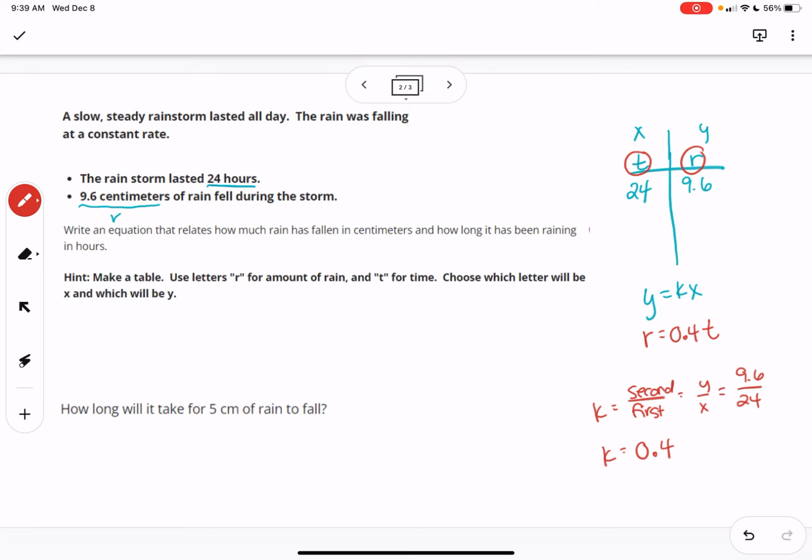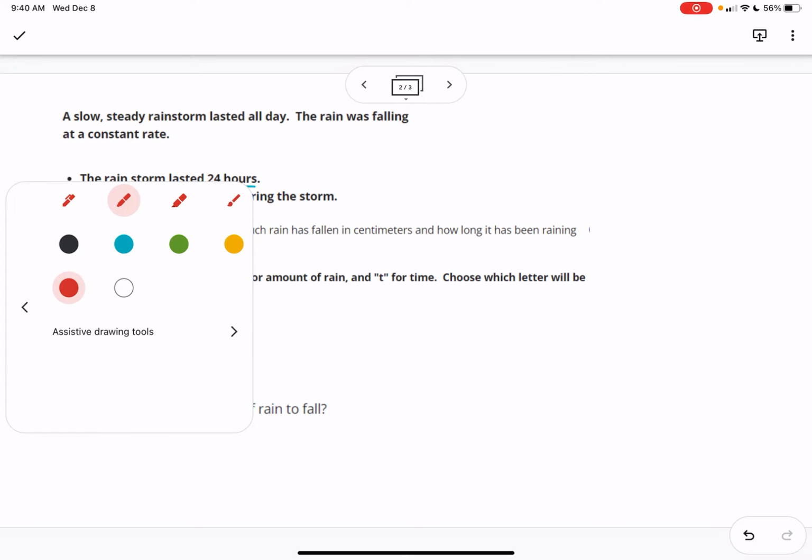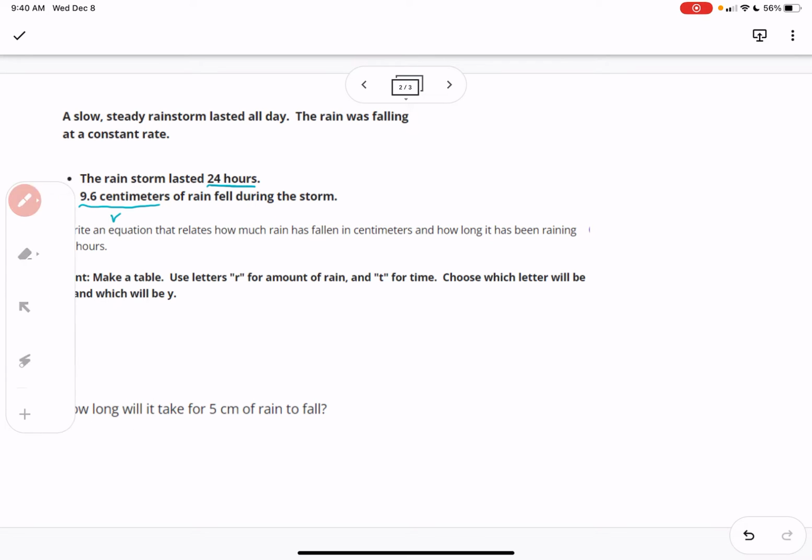All right, we can do it another way. So in that problem, what I did was I let R be Y and T be X, but we can do that backwards. There's nothing saying that we can't let R be X and T be Y. Okay, there's nothing that says we can't do that. So if I do it this way, T for time would be the 24 hours, and R, the amount of rain, is 9.6.